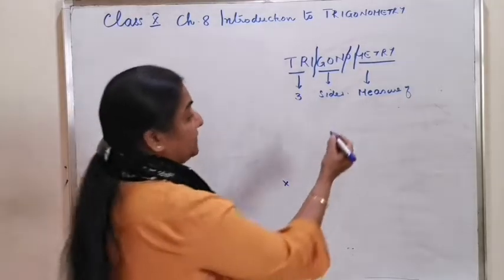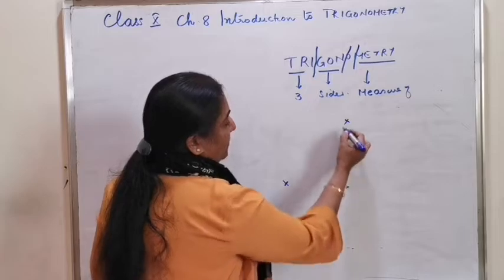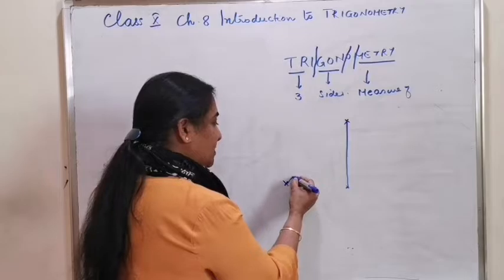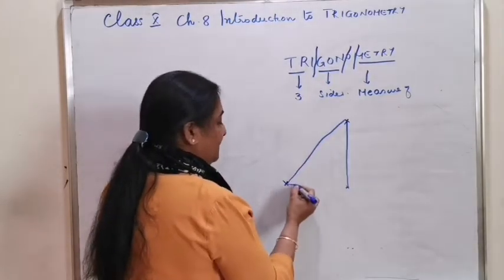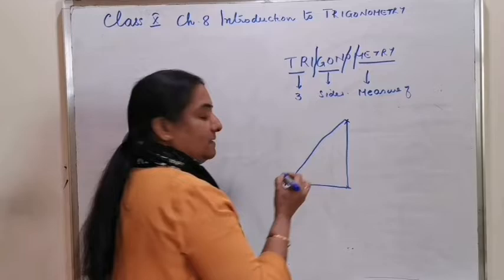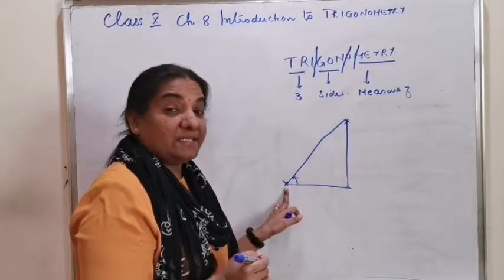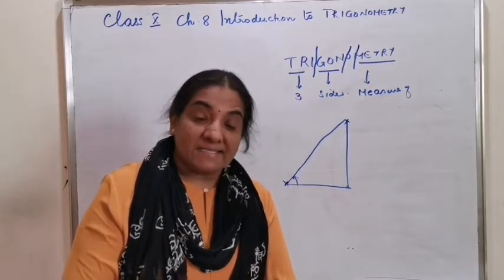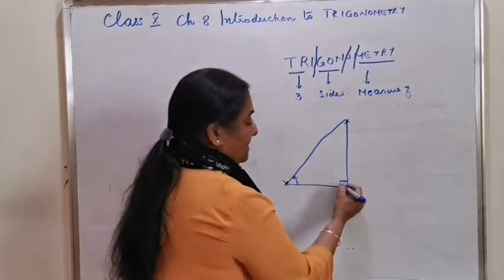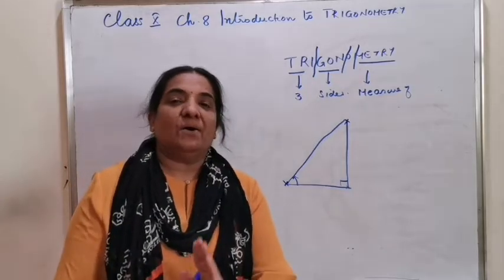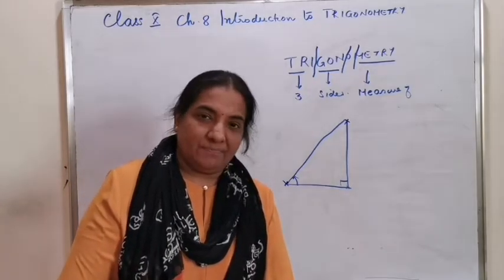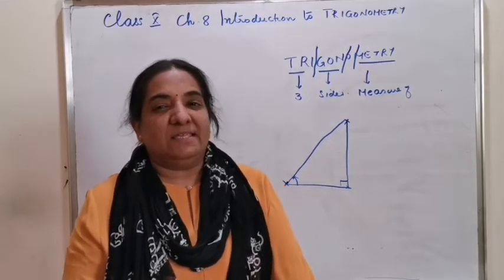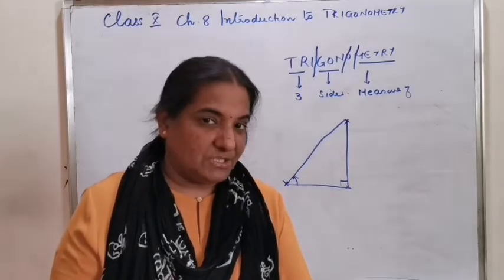You are seeing a building on the other side of the road, and you are watching the building from the road here. You can imagine an angle formed as a right triangle because the building always will be on a perpendicular height. So, the right triangle application you will see in every live situation.